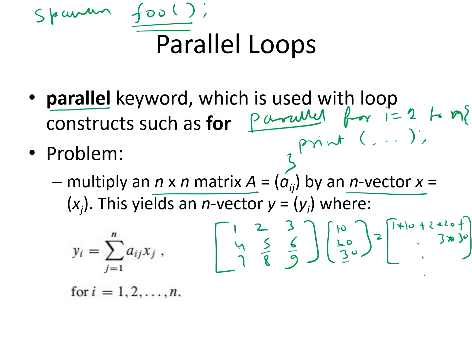So let's assume that this is our matrix A, this is our vector x, and this is the result vector y. So the ith entry y_i in this resulting vector is basically given by a_ij multiplied by x_j for j going from 1 to n. So summation of all of these products, and then we do this for every i going from 1 to n.